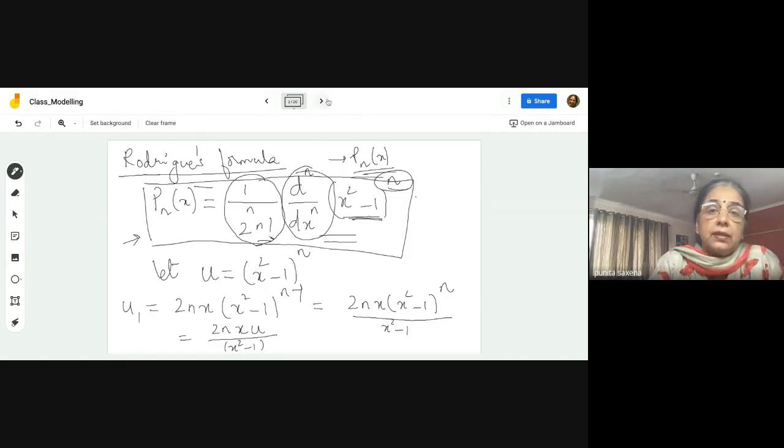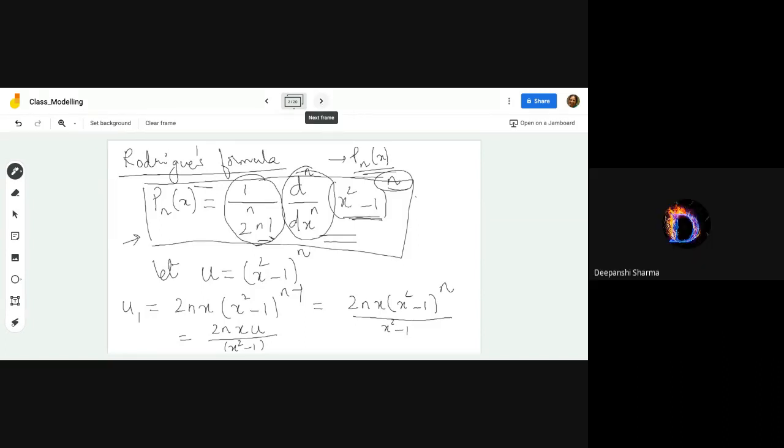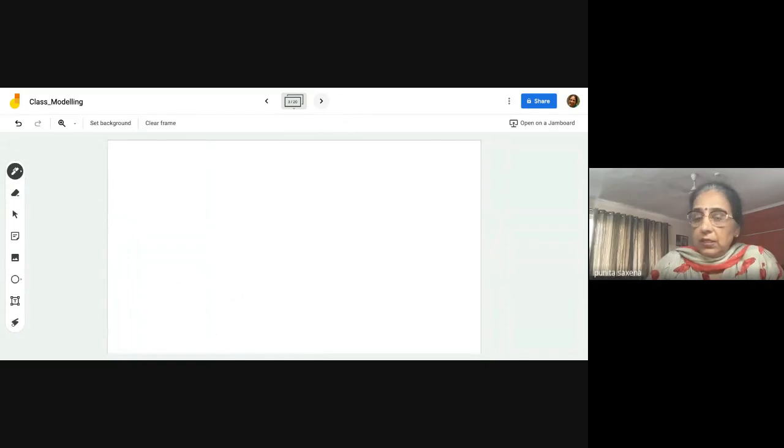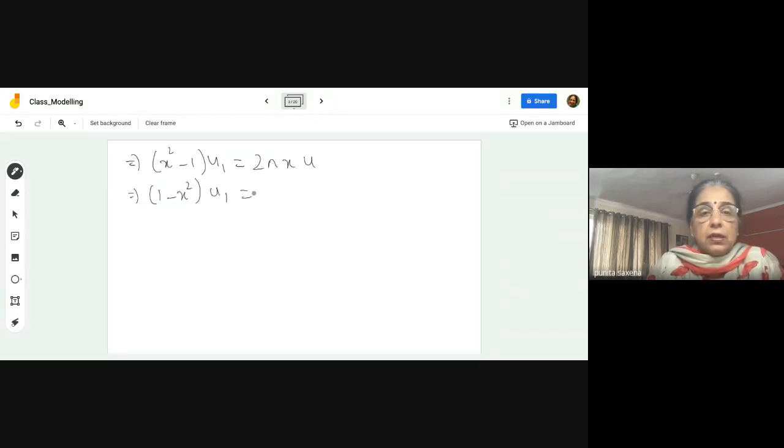Is that okay? Yes, ma'am. Which means x squared minus 1 times u1 is 2nxu, or in other words, (1 minus x squared) u1 is minus 2nxu. Is this right?